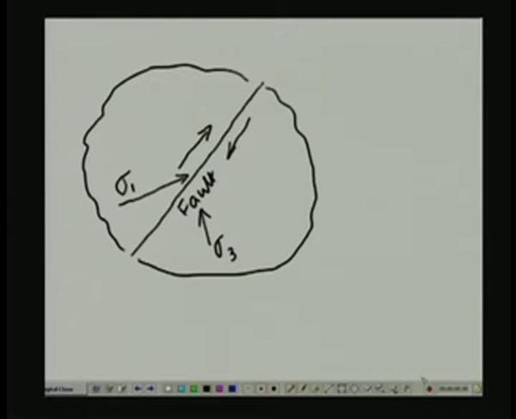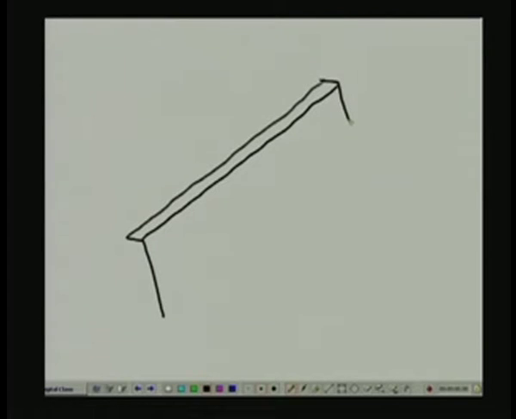Now let's say we have got a dam which is very long in comparison to its height, and in this particular case the strain in the direction perpendicular to any of the cross sections, or in the direction of the dam axis, can be neglected. I am talking about the normal strain.